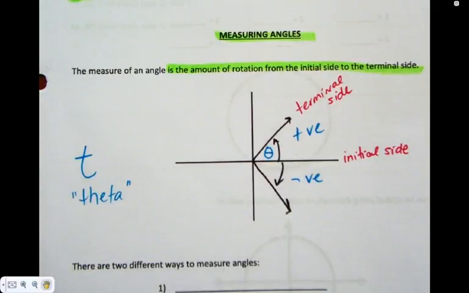So if you see negative 30 degrees, for example, it doesn't mean the value is negative, because we know when we measure something, it's impossible to get a negative value. All that's telling you is a direction. Positive angles go in what direction? Counterclockwise.